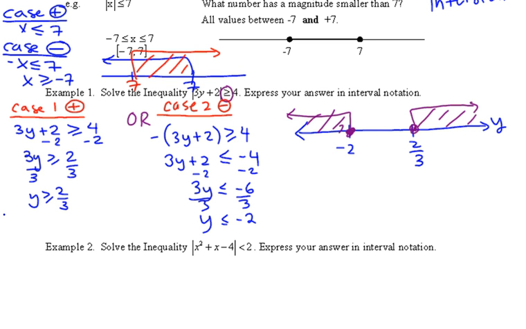How do we write that? Remember we learned that yesterday, the new way to write domain or range or whatever. So it goes from -∞, comma, -2. Oh, close. Thank you.